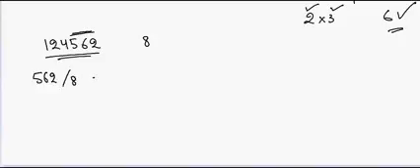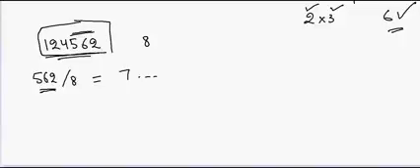So if we divide it by 8, from this I can see that 7 and then something which is not divisible by 8. So this number is not divisible by 8. So this whole number should not be divisible by 8.